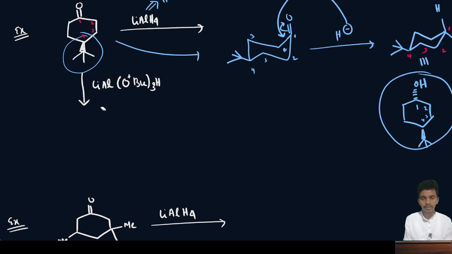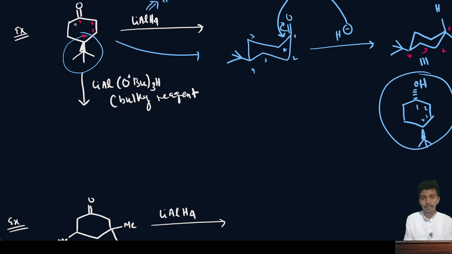So for these questions, how will we solve this? Now the reagent is lithium aluminum butyl hydride, so this is a bulky reagent. So it will always do the equatorial attack.